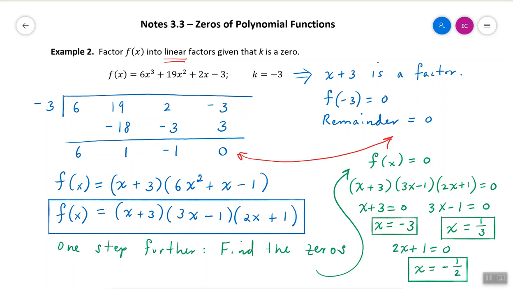And so remember, our factor theorem says from each factor there's a 0. X plus 3 gives us negative 3. 3x minus 1 gives us 1/3. 2x plus 1 gives us negative 1/2.